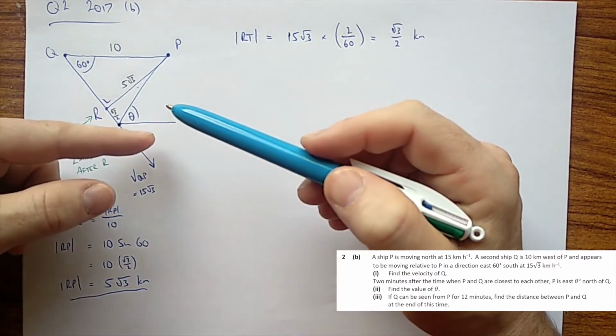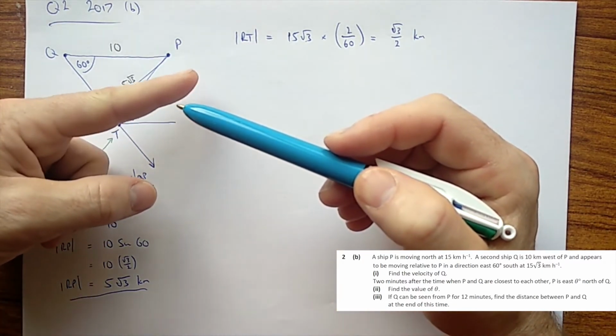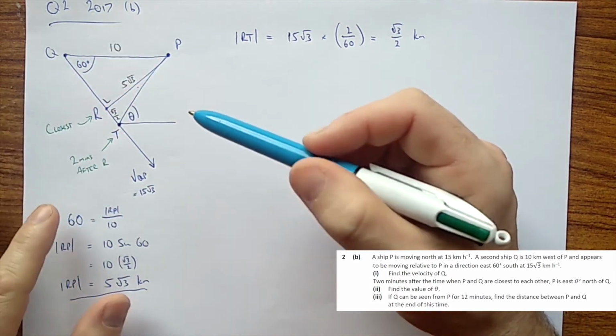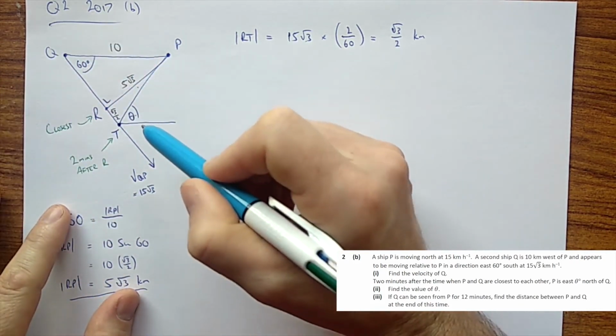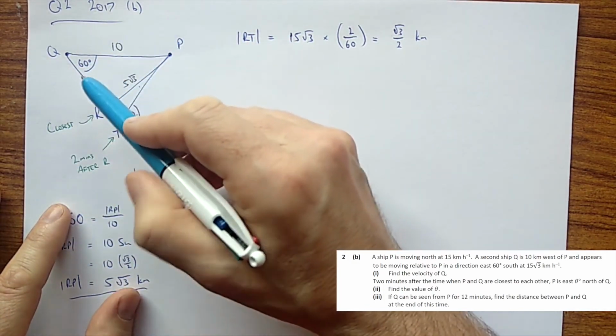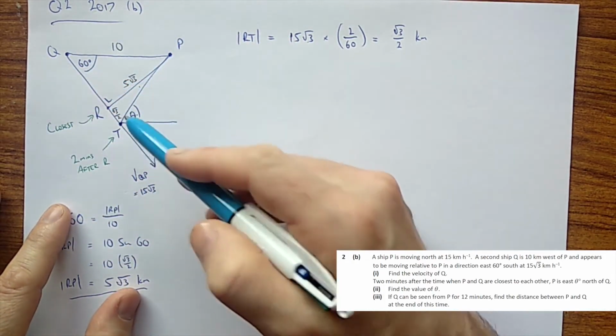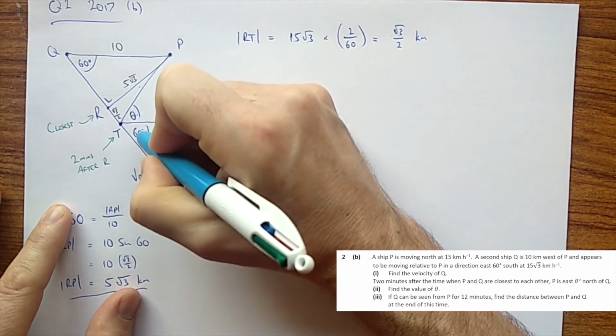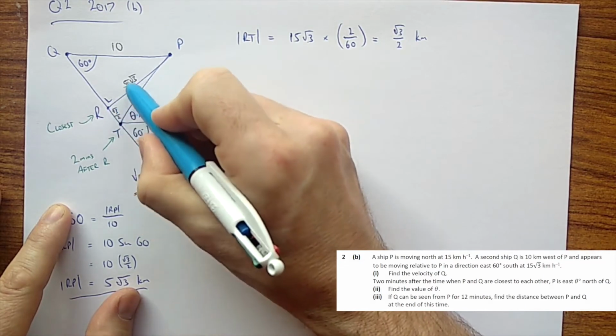P is east theta degrees north. All right, so it's this angle in here. Terribly annoying because we haven't got this angle anywhere. However, let's have a little look around, because we can see with corresponding angles that that's going to be 60. So we've got this and we've got this. We've got a ton of information in here.